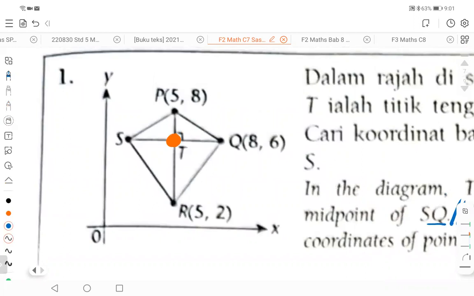You don't need to calculate, no formula. Same block, same height. It is the same block as point P and point R, and the same height as point Q. So what is the coordinate of point T?